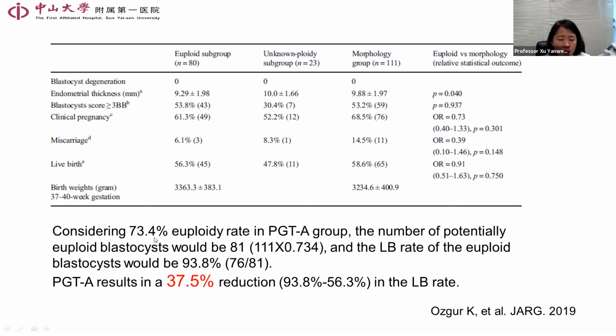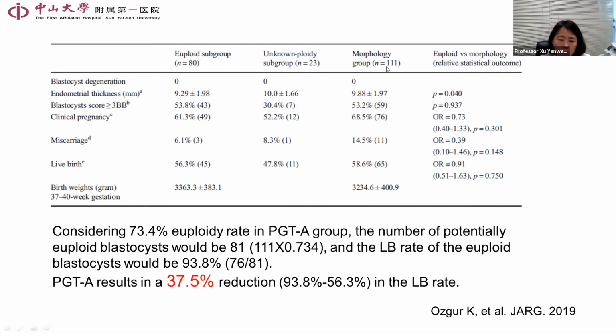The author considered that since there is a 73.4% euploid rate in the PGT-A group, it proved that the euploid rate in this population is 73.4%. Therefore, the number of potentially euploid blastocysts would be 81.